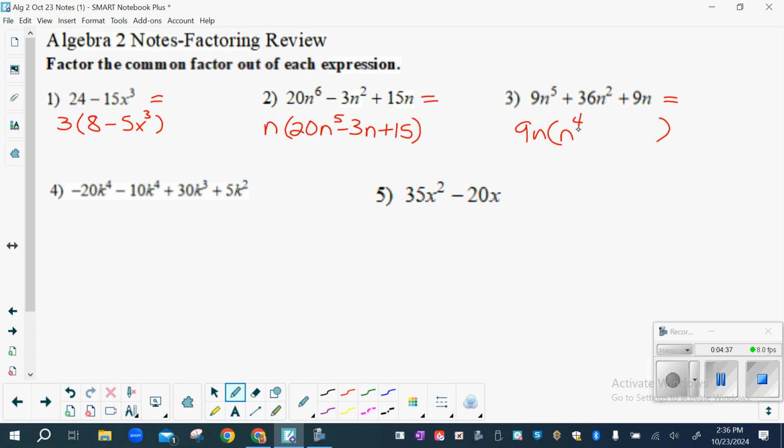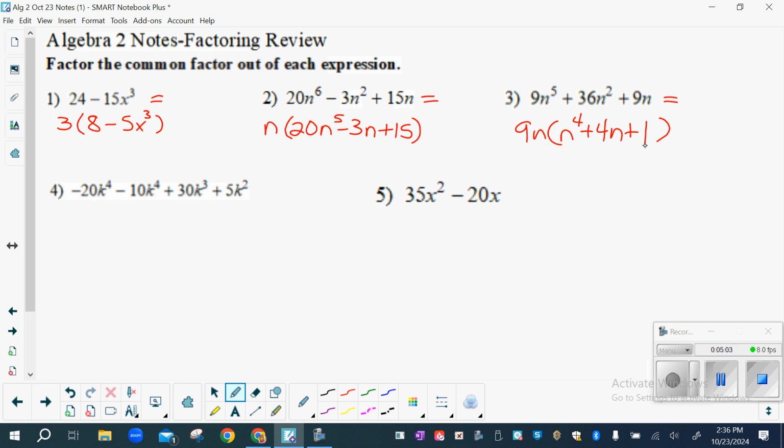So 9n times what gives you 36n squared? 4n. Good, 4n. 9 times 4 is 36. n times n gives you the n squared. And then 9n times what gives you 9n? 1. So we have to put a 1 here. Really common mistake to forget to put the 1 there. Okay?